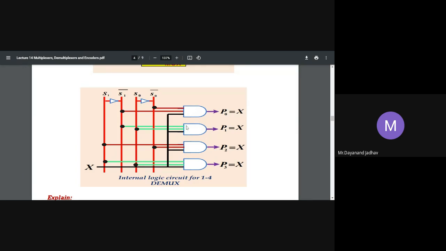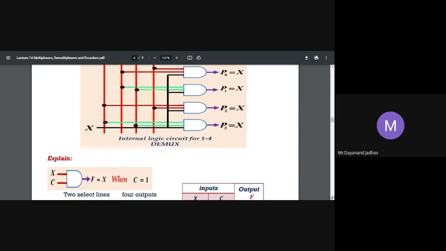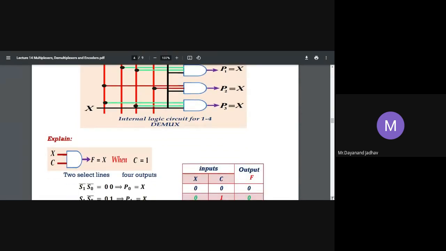Then what about P1? That is S0 S1 bar with X, which is P1. Like that, we can implement the design of the demux using logic gates.